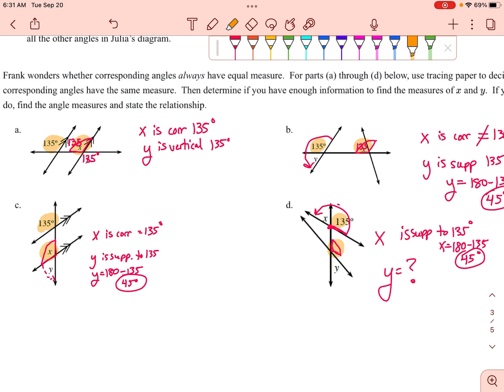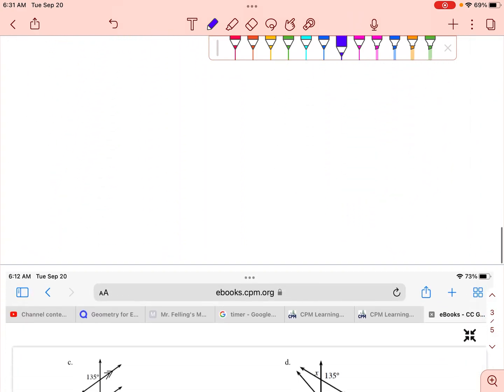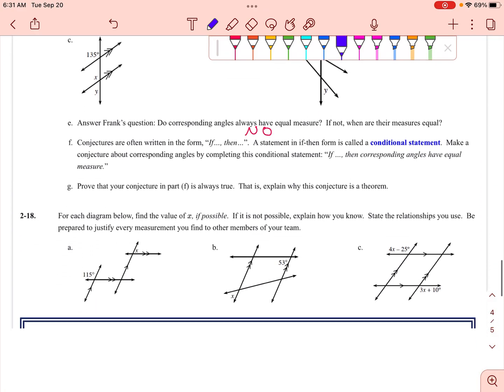The difference between these is that A and C, which did work, have parallel lines. That's really important when looking at corresponding angles. So when are corresponding angles equal? When they are on parallel lines.